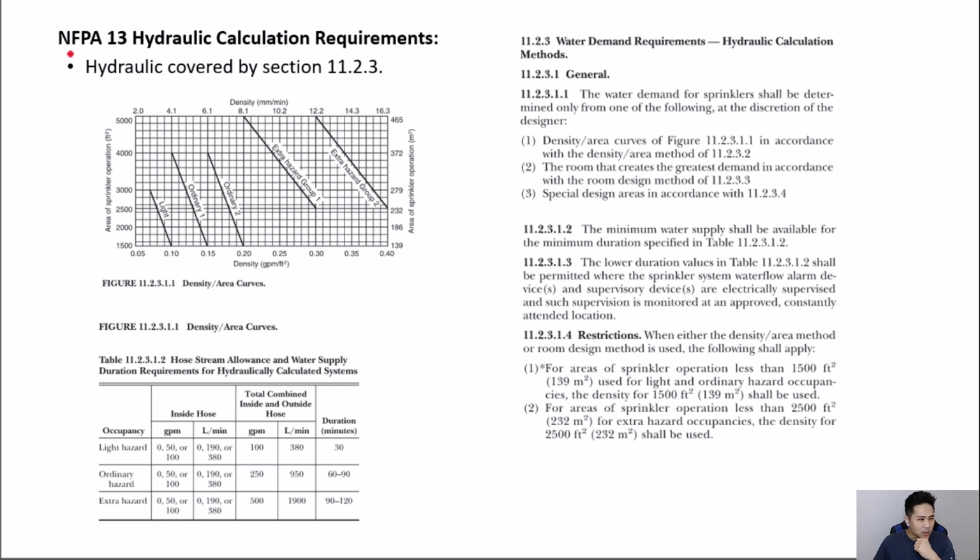Okay, now we're going to talk about the NFPA 13 requirements for hydraulic calculations. So NFPA 13 doesn't use the furthest or the most demanding 2 or 4 sprinkler heads, but the way NFPA 13 works is you have to apply a density for all the sprinklers within a certain area.